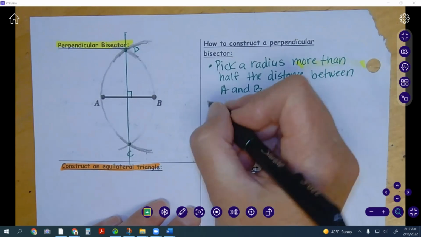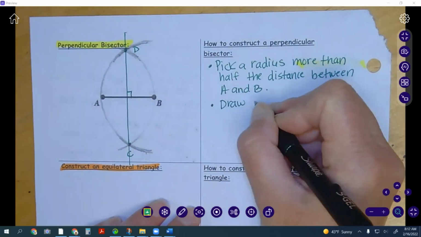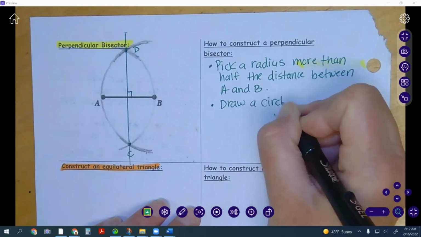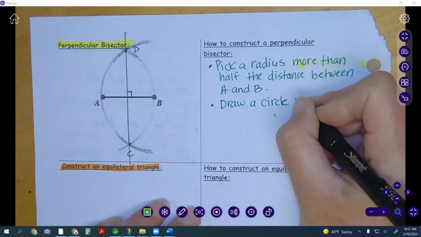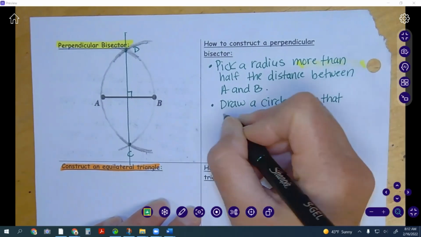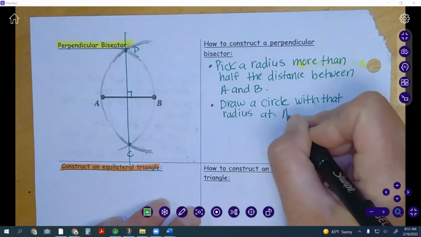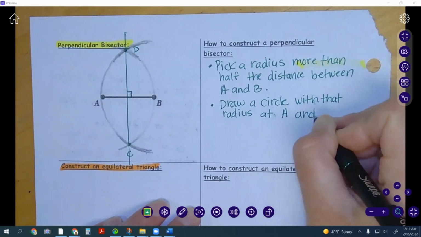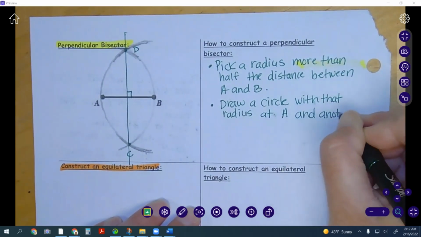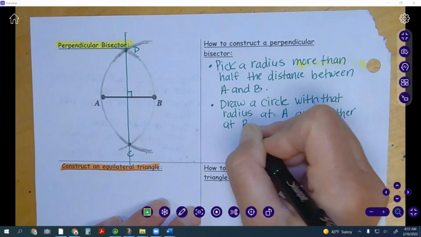Then what you're going to do is draw a circle with that radius at A and another at B.